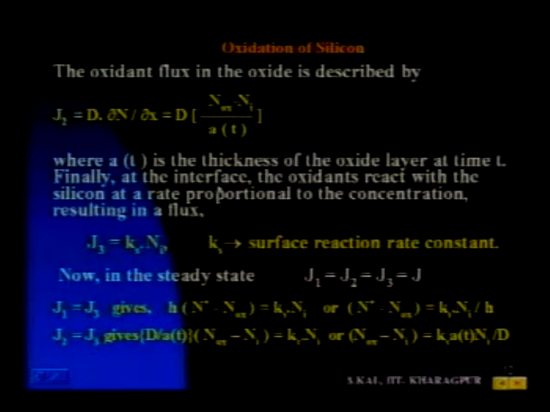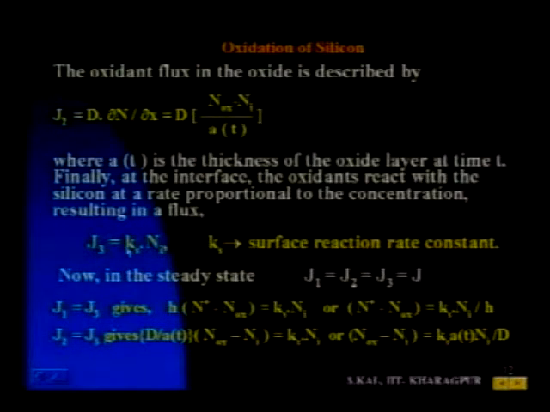Finally, at the interface, the oxidants react with the silicon. That means by this diffusion law, the oxidant particles have reached the interface, and now the oxidants react with the silicon at a rate proportional to the concentration, and they will result in a flux J3.